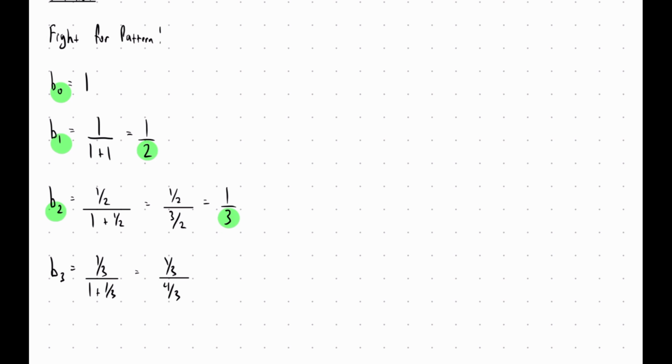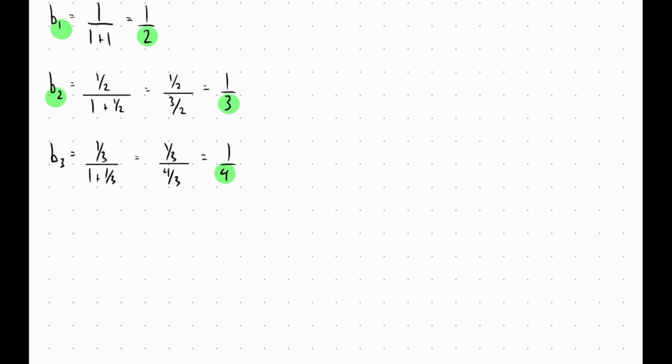Remember what was our recursion? The recursion looked super spicy.